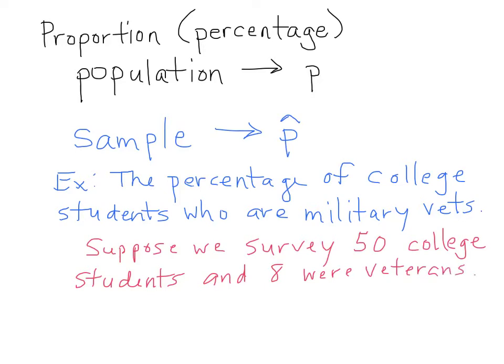Then our p hat, our proportion, our percentage, and it's p hat because it came from a sample of 50 rather than the whole population. So p hat is going to be 8 out of 50, which is 16%.